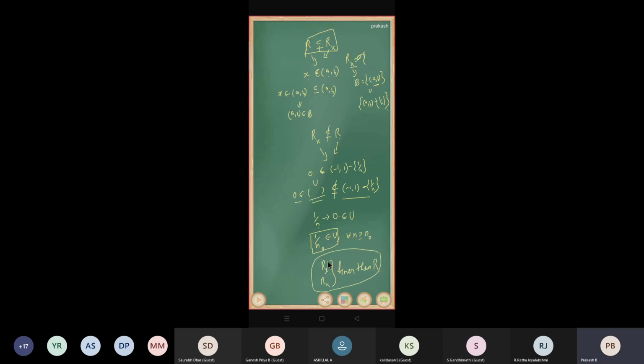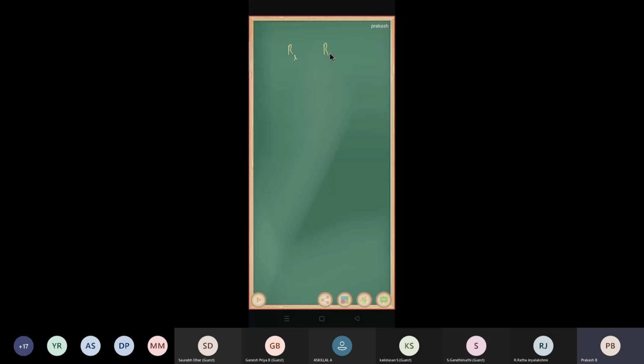Okay. Now we have to compare these two, right? RL and RK. First we are going to check whether RL is a subset of RK. So I'm going to take a basis element from RL, that is closed open A comma B, and I'm going to take an element A. Now you want to bring a basis element from RK, right?